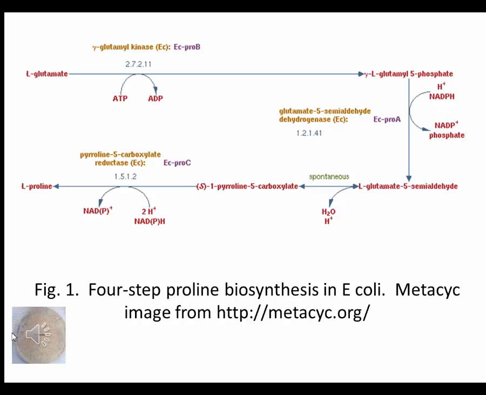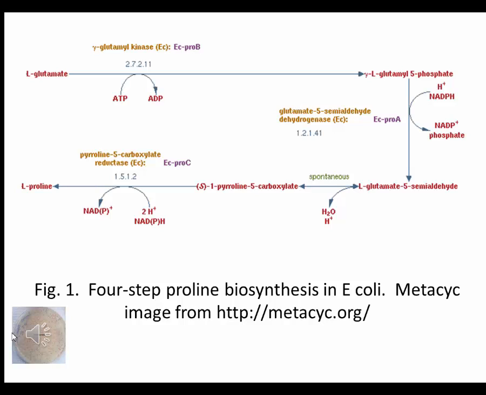This is a spontaneous process. There's no enzyme for this reaction. And then 1-pyrroline 5-carboxylate is converted into proline, and that reaction is catalyzed by pyrroline 5-carboxylate reductase. This enzyme is encoded by the gene proC.